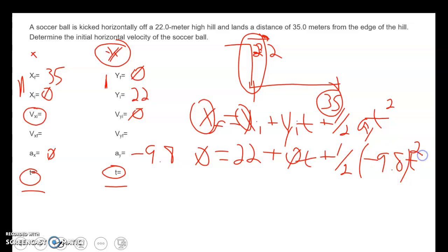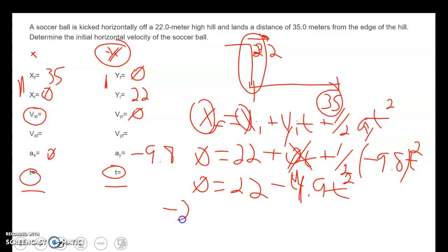times t squared. And I see 0 times t is 0, and I get 22, so my equation is going to be 22 plus, if I take 1/2 times negative 9.8, I get negative 4.9 t squared. So it's 22 minus 4.9 t squared.